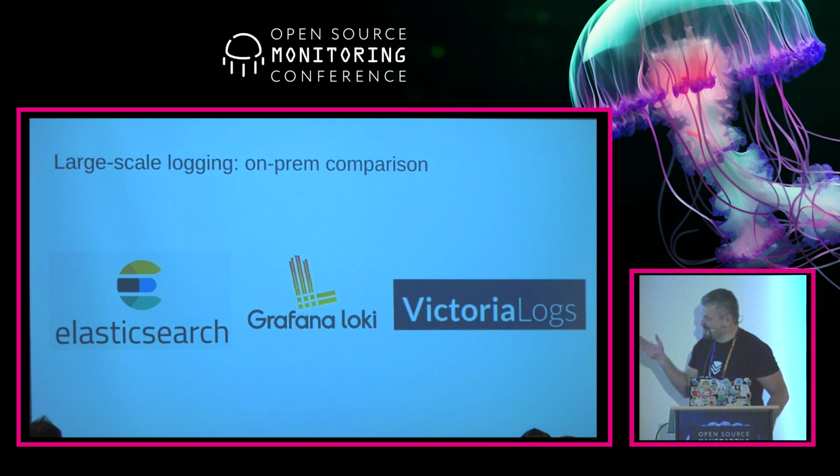Let's compare three on-prem solutions for large-scale logging. Two of these solutions are very popular and well known: Elasticsearch or OpenSearch, and Grafana Loki. And the last solution is from VictoriaMetrics, which has recently appeared: VictoriaLogs.